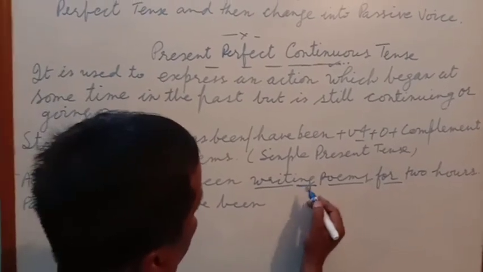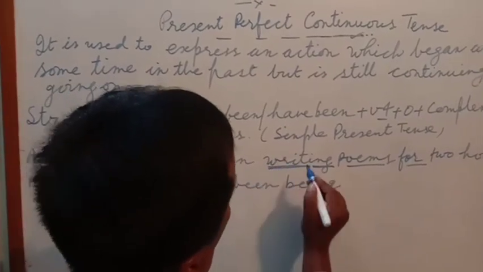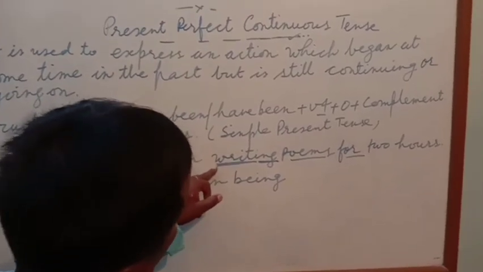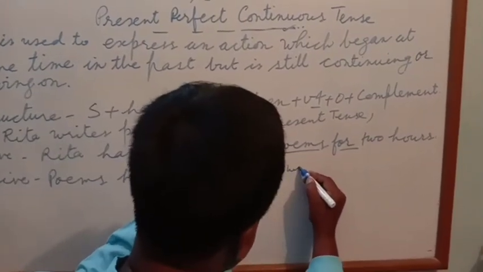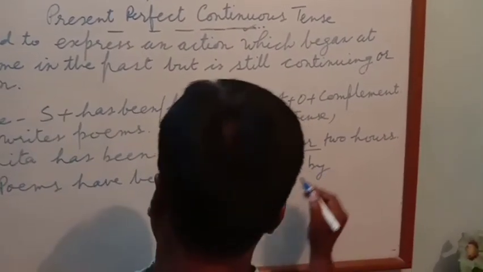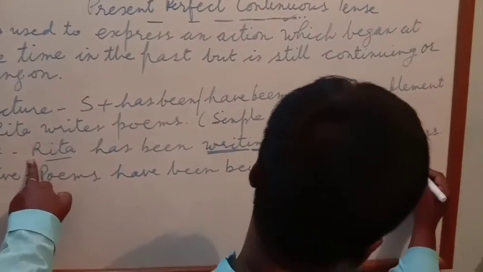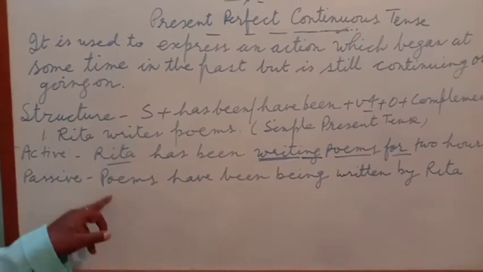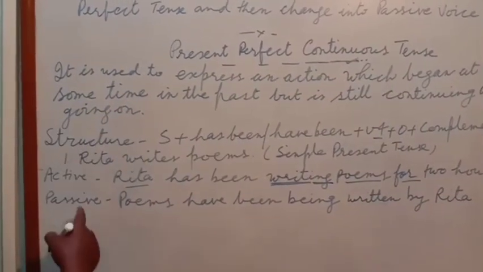So for ing, being, and for write, V3, because we already know that in passive form there must be use of third form of the verb, written, and after V3 by, and subject will be changed into object. So there is possibility of changing the sentence of present perfect continuous tense into passive form.